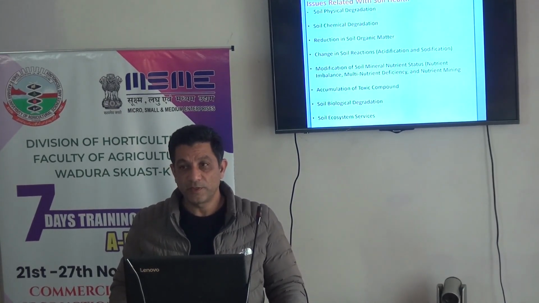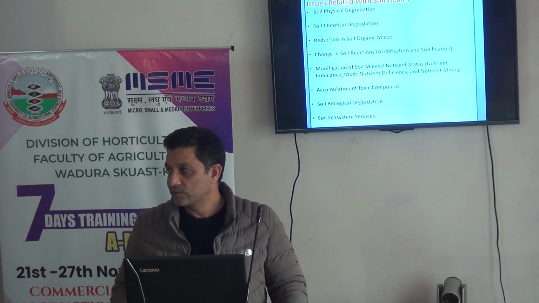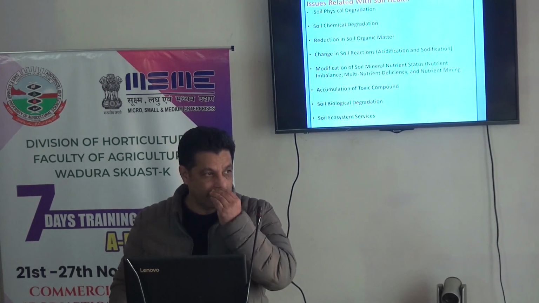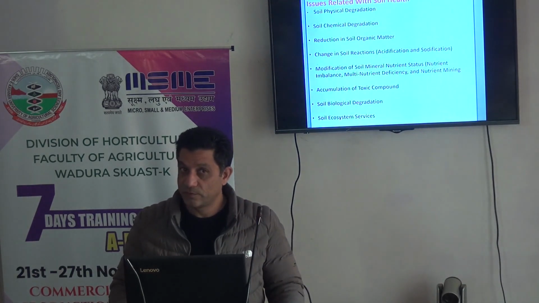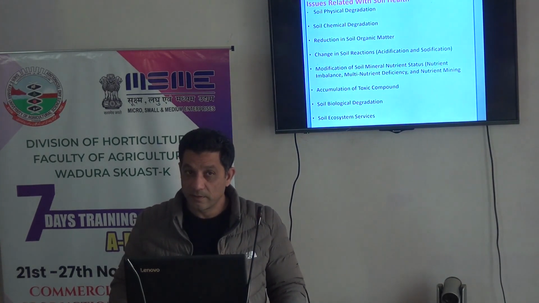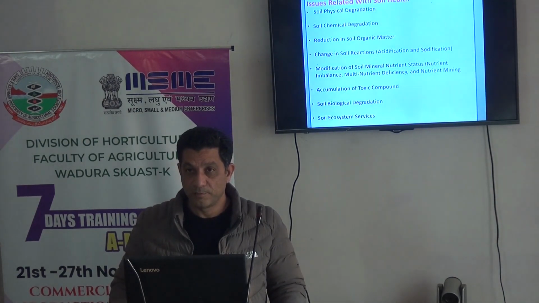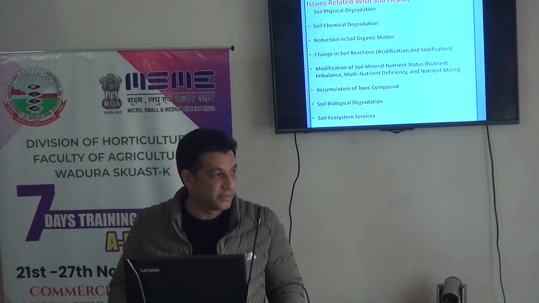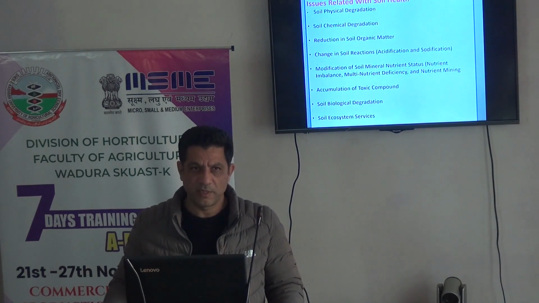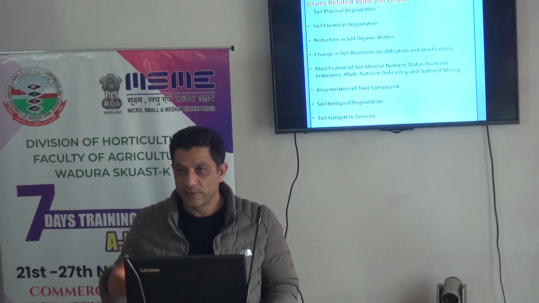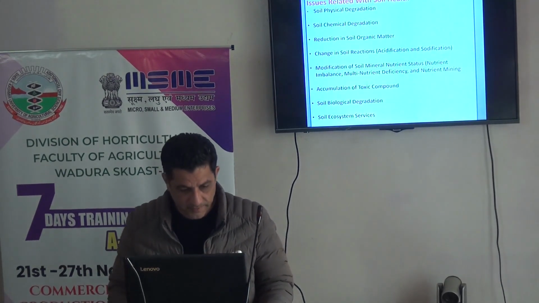If we don't add any type of compost to the soil, there will be less food, less carbon, less of the inputs used by these microorganisms, so there will be less flourishing of microorganisms. So in order to have good soil health, we have to add organic matter.